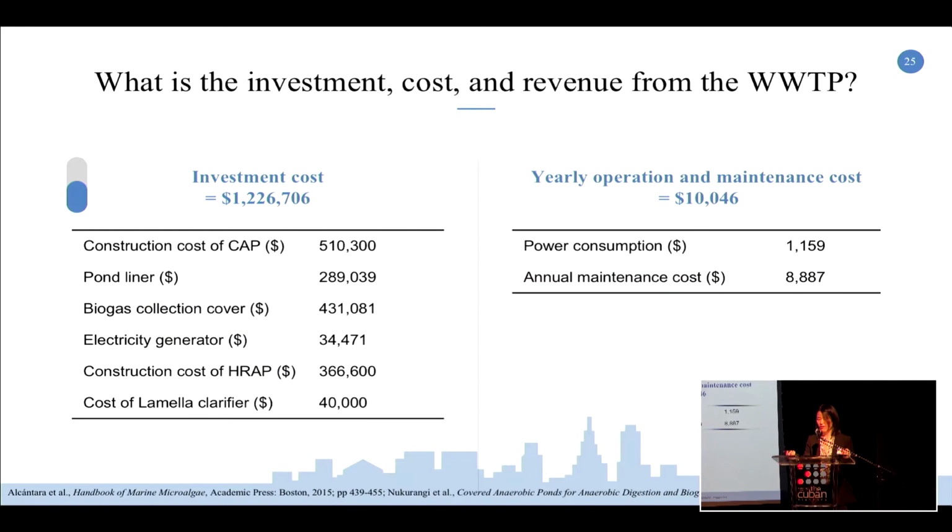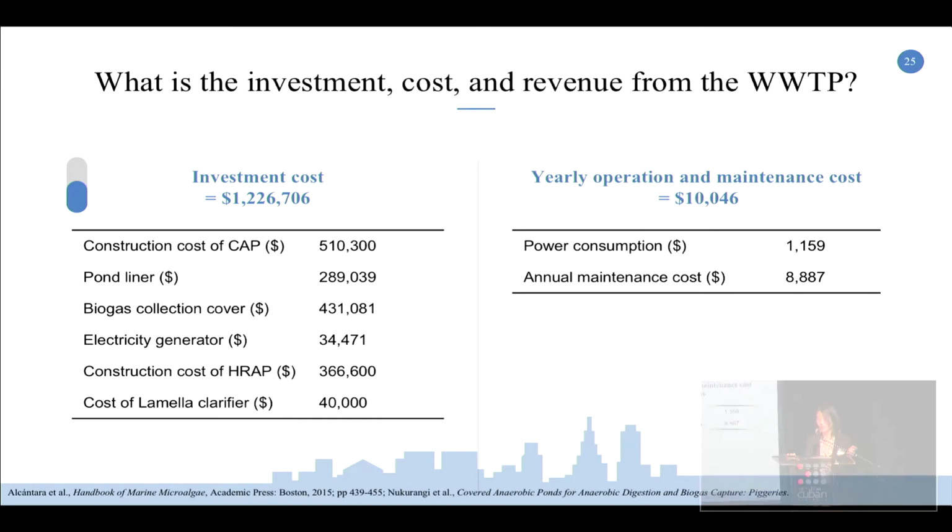And we also calculate the cost and benefit. The total investment cost, including the construction and also the materials, will be about 2 million and 1 million, and the yearly operation and maintenance will be around 10,000.